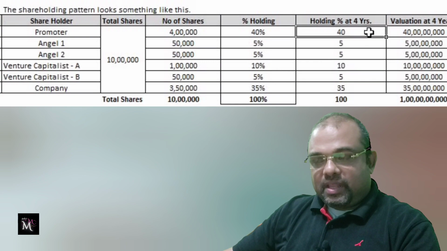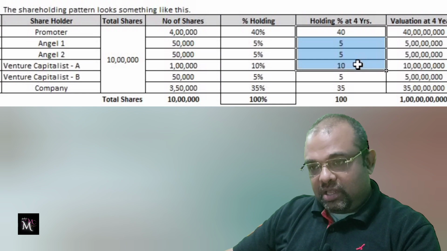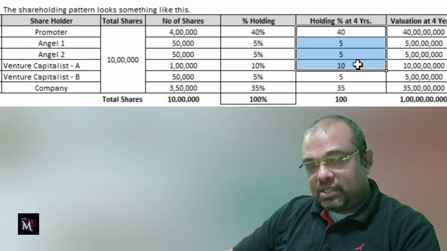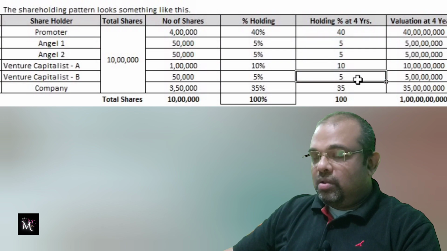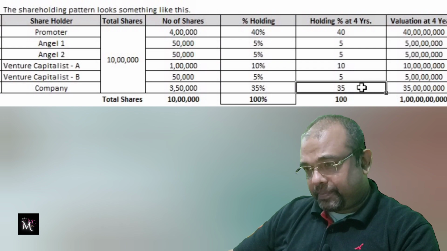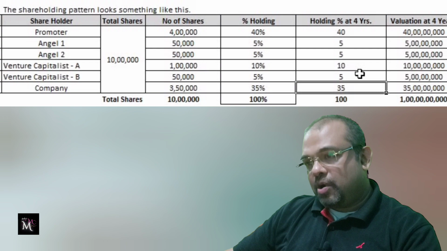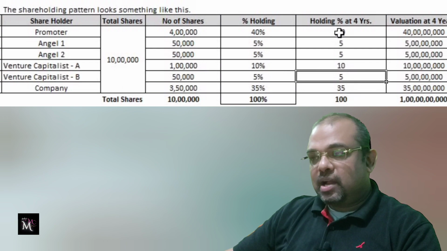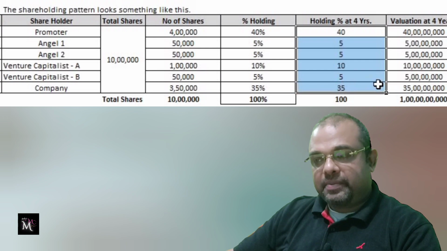Once again, neither the promoters nor the first venture capitalist would like to part with their shareholding, so we had to take 5% from the shares that the company had with itself. We took 5% out and gave it to venture capitalist B, and this is how the shareholding pattern now looks like.